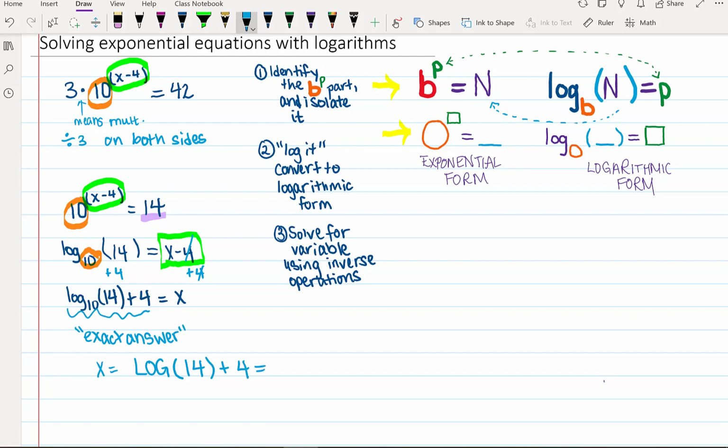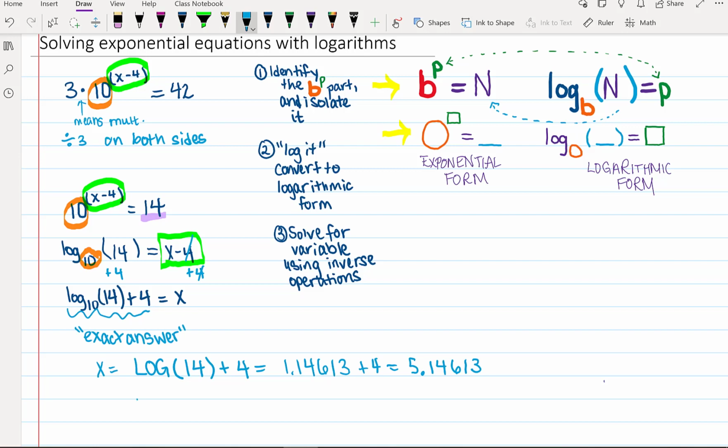And I want to keep a lot of decimal places here. So log of 14 is 1.14613, and then I'm adding 4 to that. And so I get 5.14613. And now at the end of the day I can check that that will satisfy my original equation. See if I get out 42.